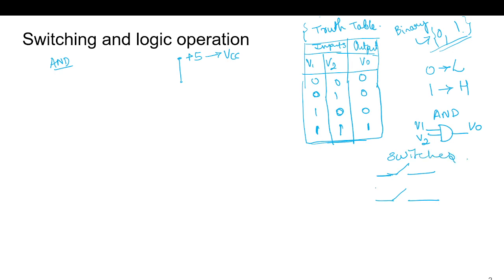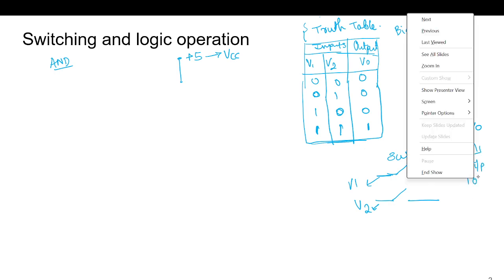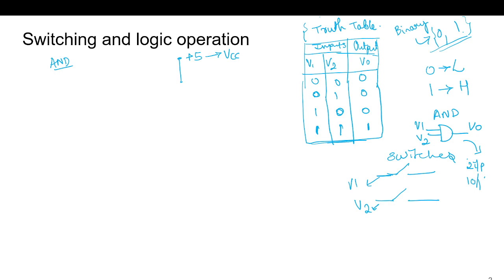Because we have 2 inputs and 1 output, we have to make use of these 2 switches, and based on the connection, whether it is parallel or series, we can get the required operation.